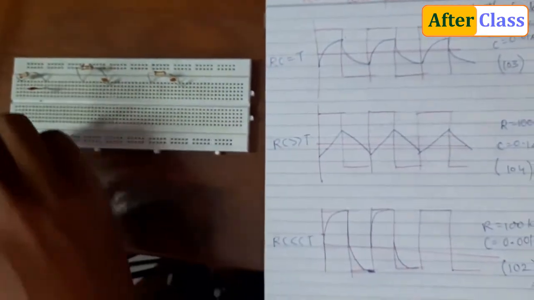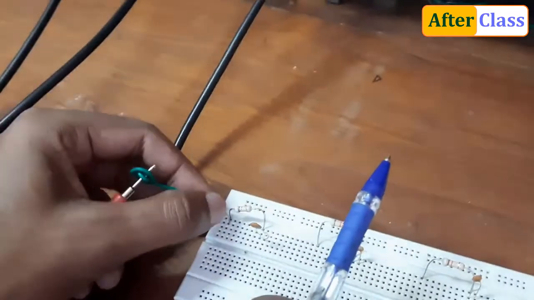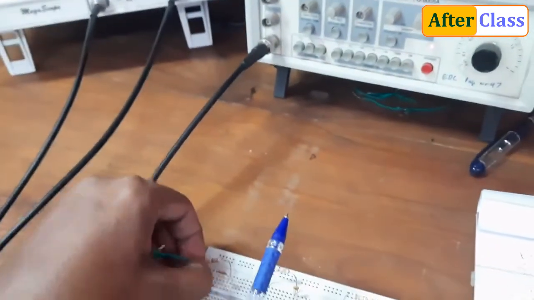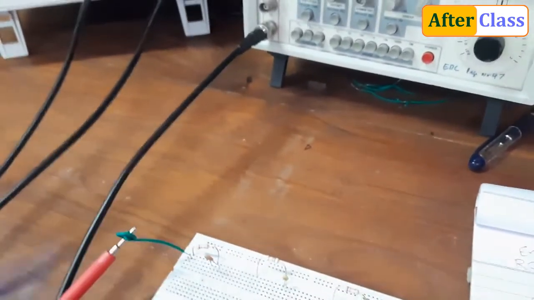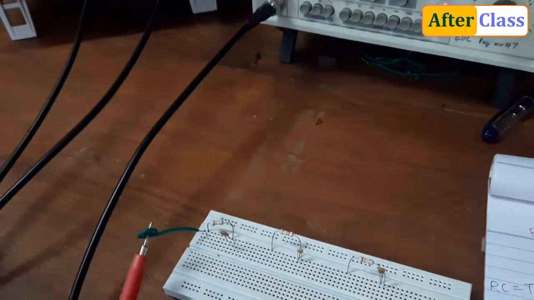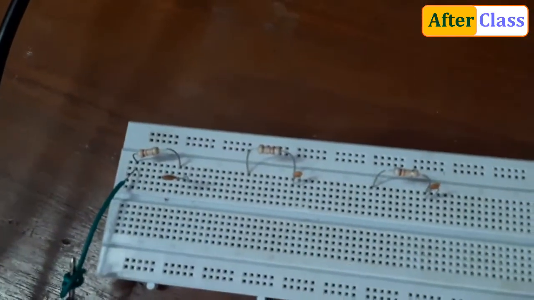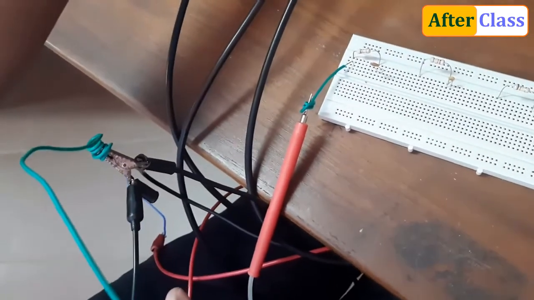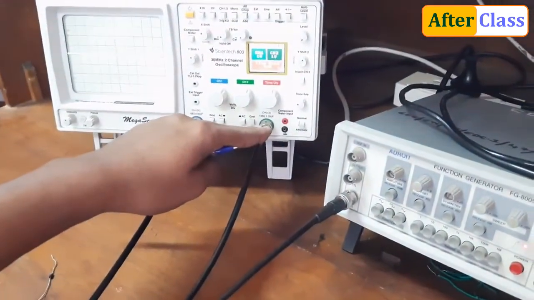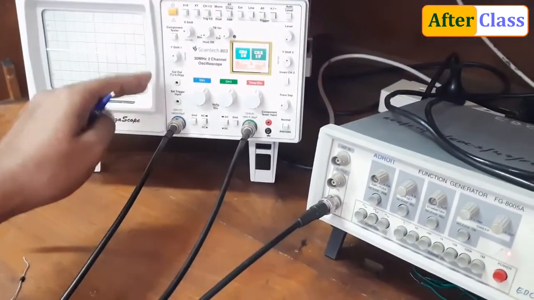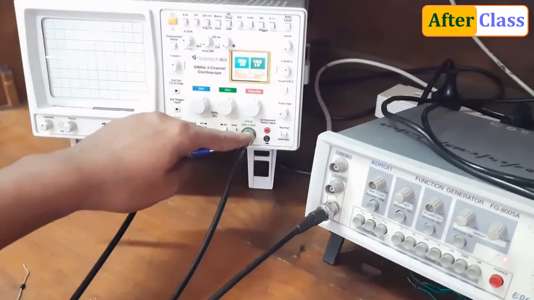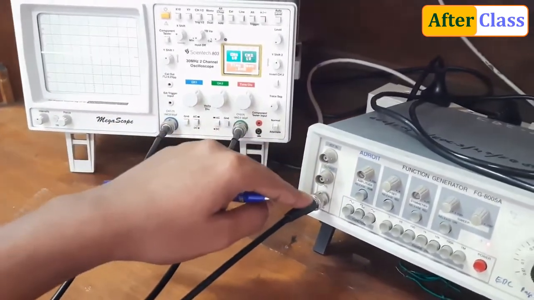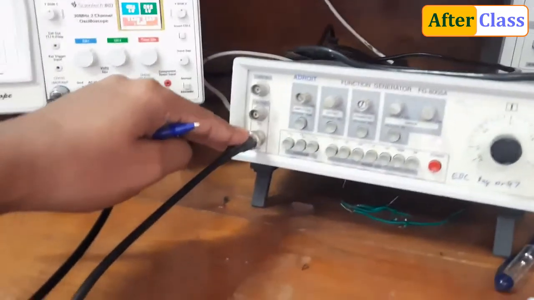I am giving input from the function generator to the first circuit. I require to see the input and output of the circuit, so this will show me the input and this will show me the output of the integrator, and I have to give input to the integrator also.